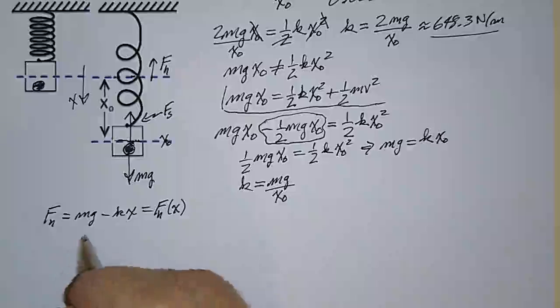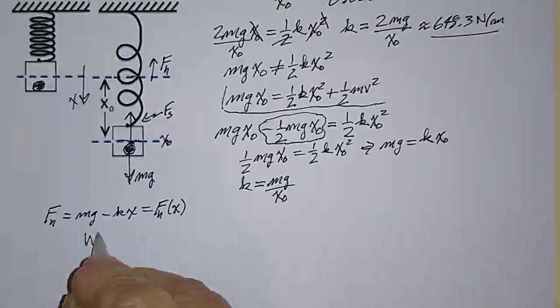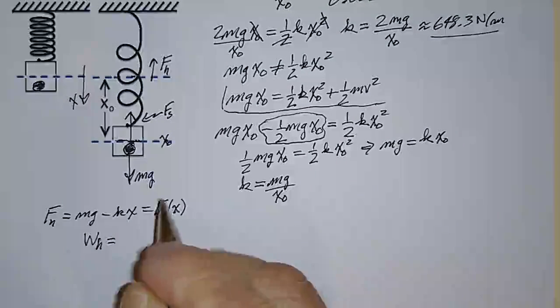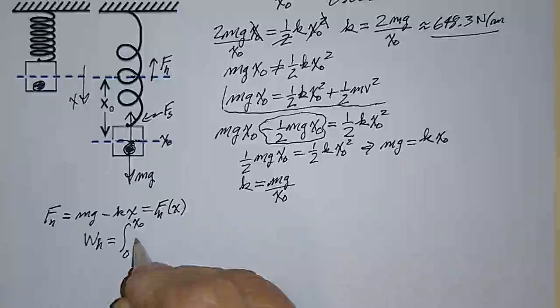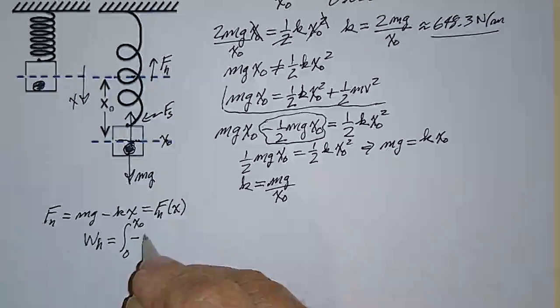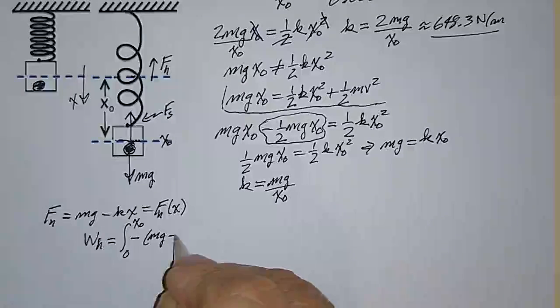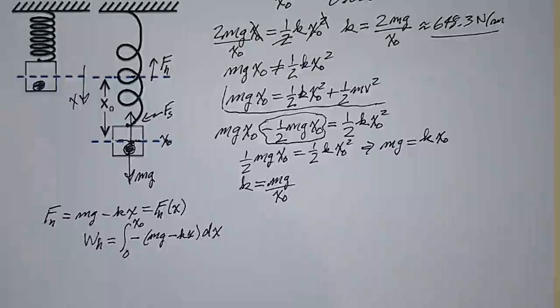So the amount of work done by the hand force is just equal to the integral from 0 to x naught of the hand force times dx, but the hand force is opposite the direction of motion, so we'll say minus (mg minus kx) dx.